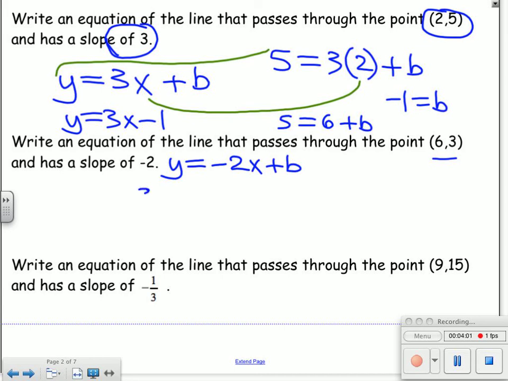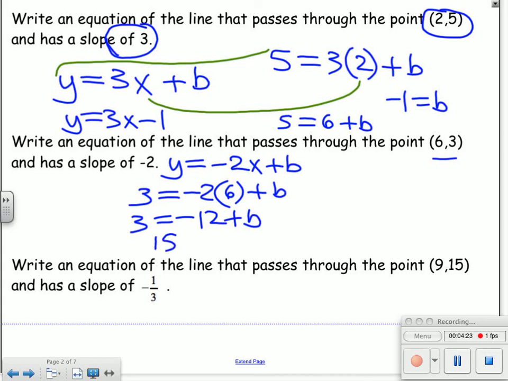Remember, 6 goes on the other side, 3 goes here, because that's the y, is equal to -2 times 6, because that's the x value, plus b. So when we deal with that, it's going to be 3 is equal to -12 plus b. We're going to add 12 to both sides to get rid of the -12, and so we end up with 15 is equal to b.